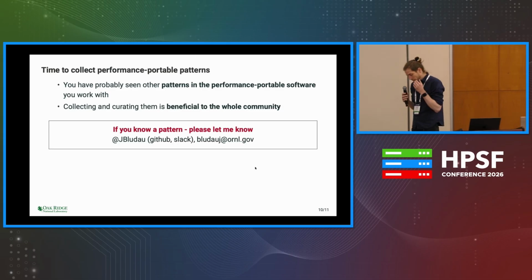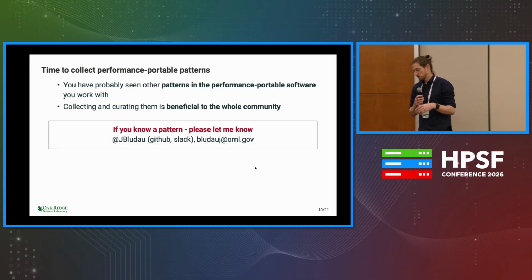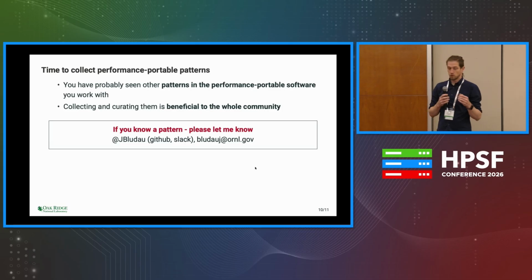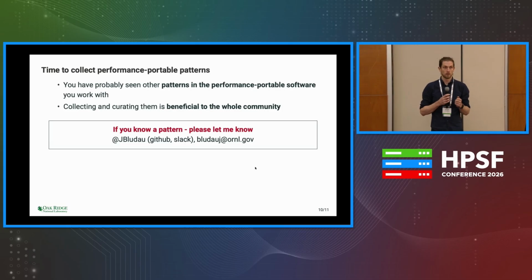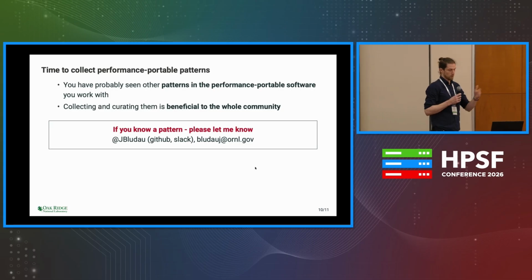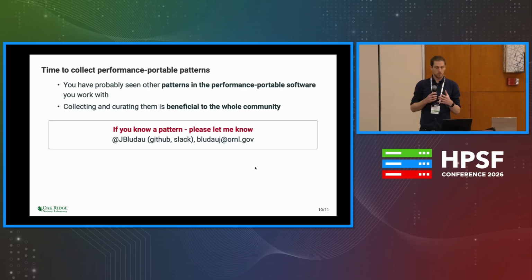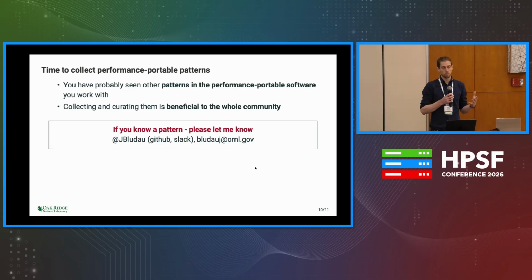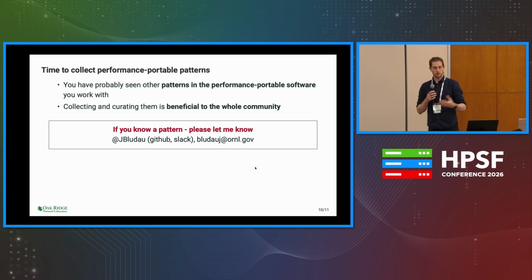So as said, I got some money and time from BSSW to look at this. So if you know a pattern that you think you have seen in code that you work with, that fits this description, it's solving a general problem, it could be used in different contexts with a little adaptation, just please let me know.